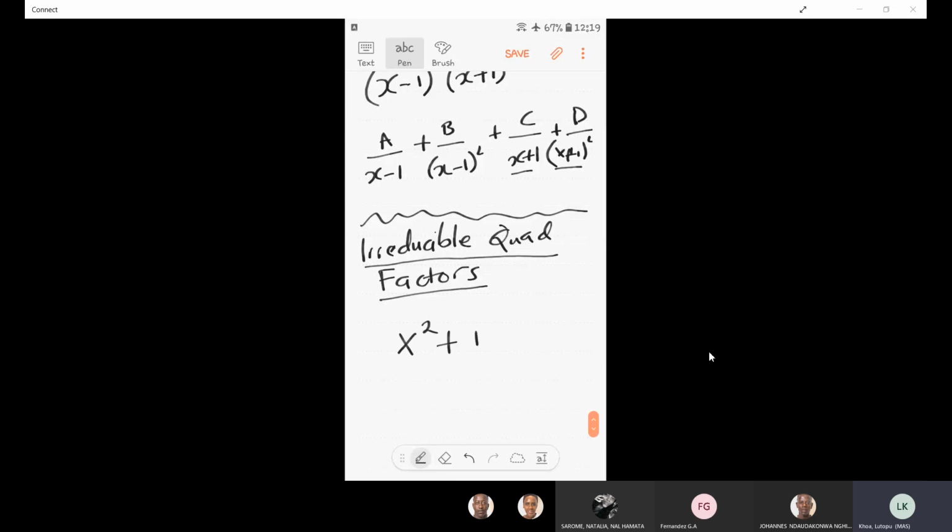Now x squared plus 1, you cannot factorize it any further and then write it in terms of its linear factors.